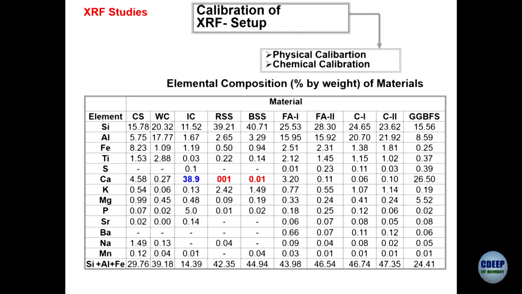Then RSS and BSS are the sandstones, because our research is mostly into sandstones, so we have been working on sandstone quite a lot. Then fly ashes of different types, cenospheres of different types, and then GGBFS which we have been talking about. You can put silica fume here also. These are the typical geomaterial admixtures normally used in our subject day to day.